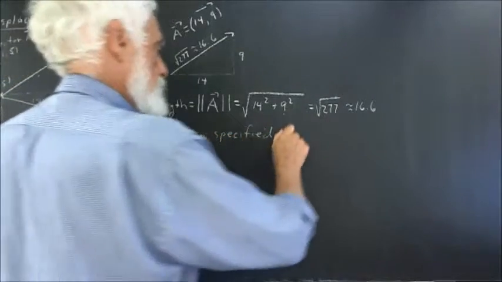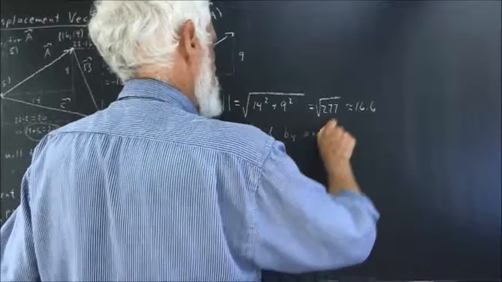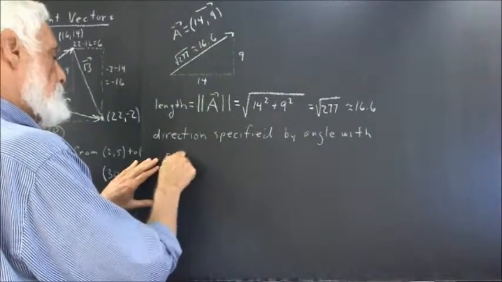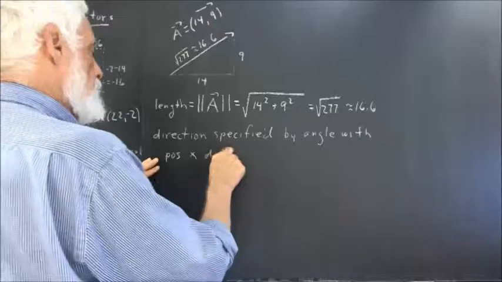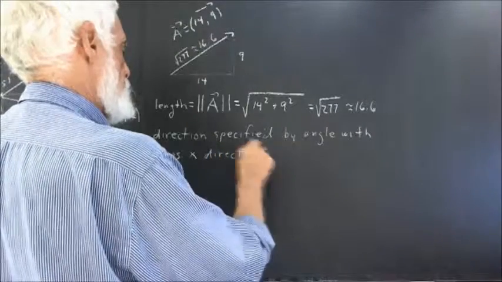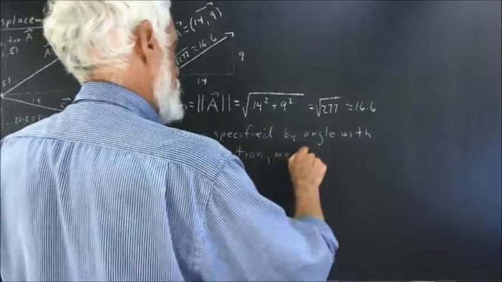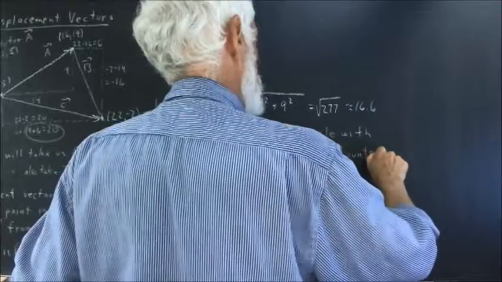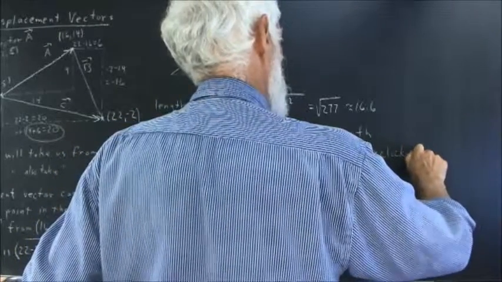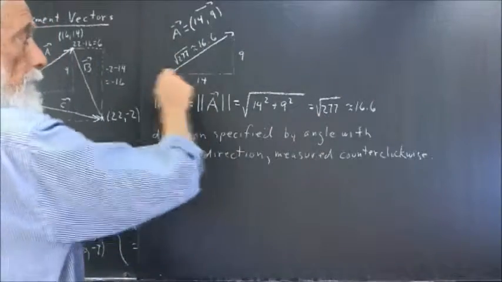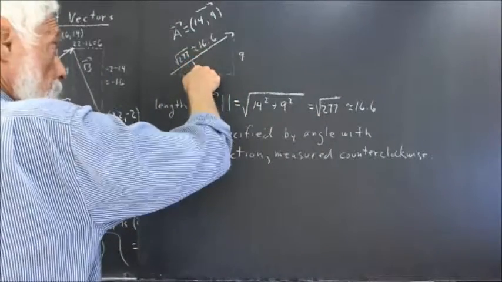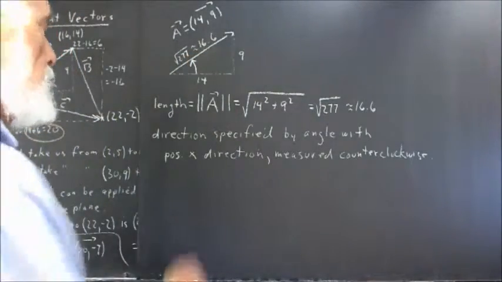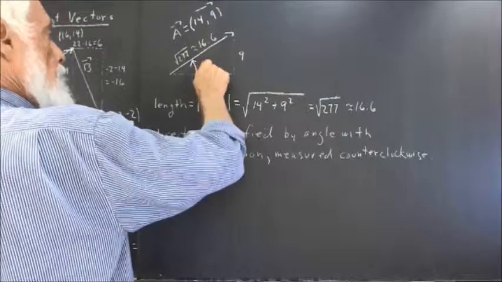Well, direction is going to be specified by the angle with the positive x direction, and it's measured counterclockwise. So here's the positive x direction, so the angle is going to be measured counterclockwise from that direction. And we're going to call the angle theta.